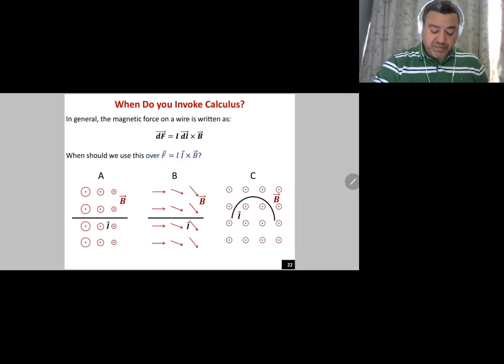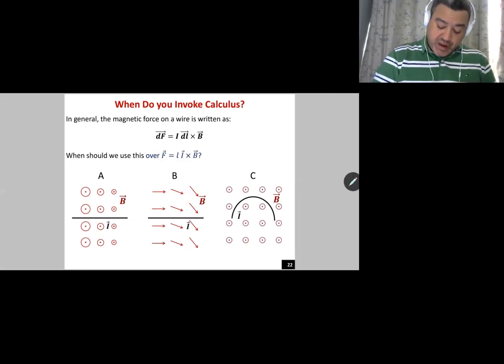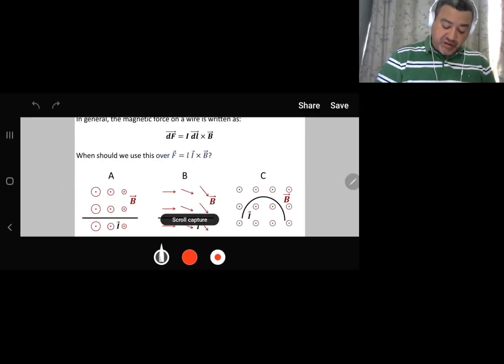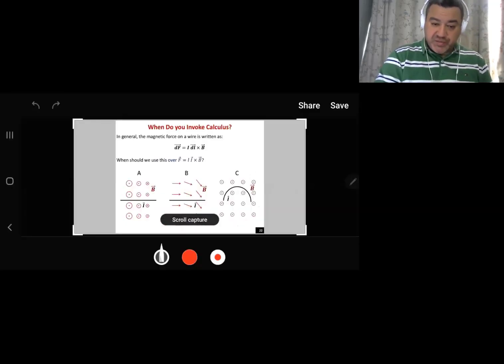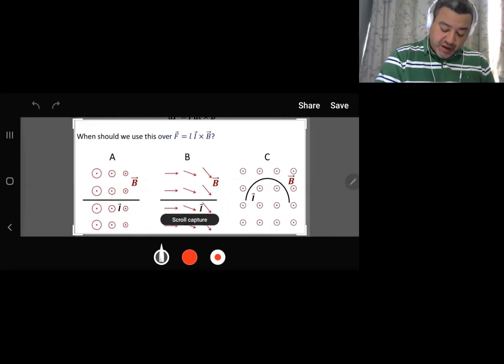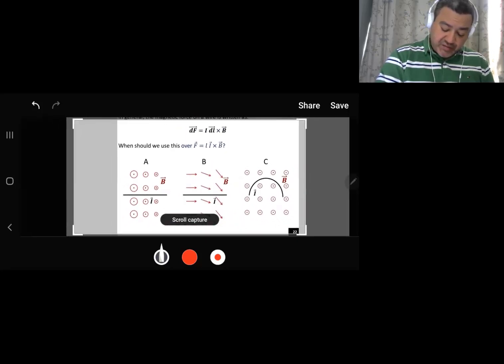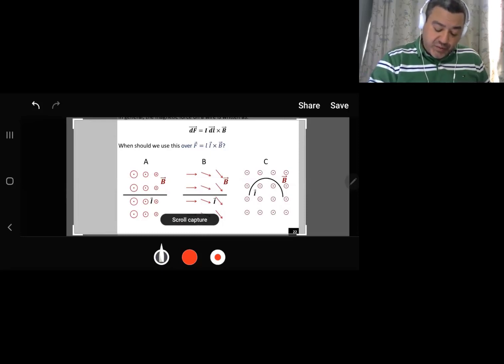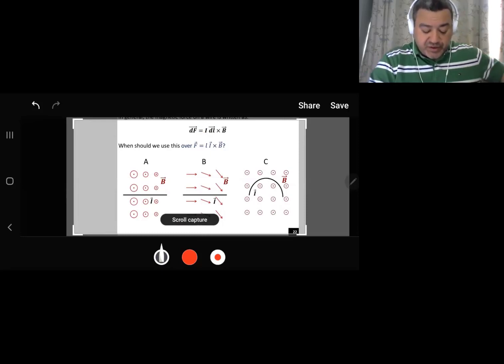In this case, we have to use the general case, which is the integration. As you can see here, the general case is the differential form of the magnetic force: dF vector equals I dl vector cross B vector.